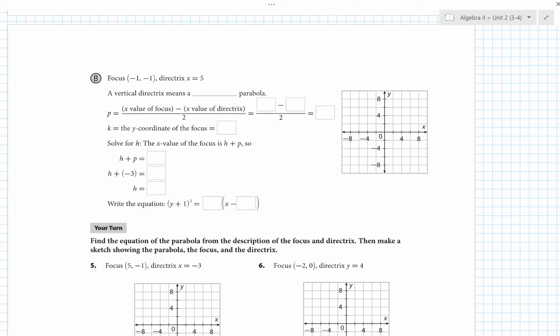Okay, and so we'll try another one here. So if we start with the focus of (-1, -1). Let's see, I'm going to change my scale again. I'm going to make each line equal to 1.